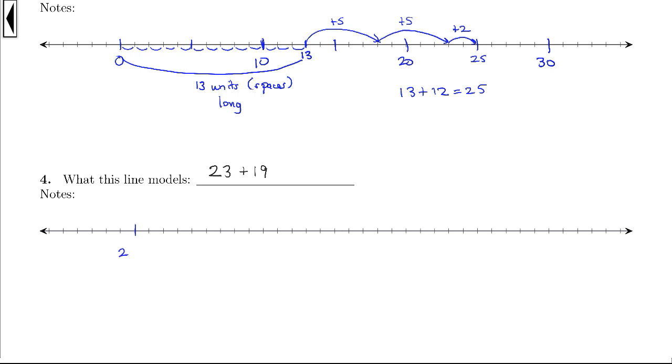Here's 20. 1, 2, 3, 4, 25. 1, 2, 3, 4, 30. 1, 2, 3, 4, 35. 1, 2, 3, 4, 40. 1, 2, 3, 4, 45. 50.